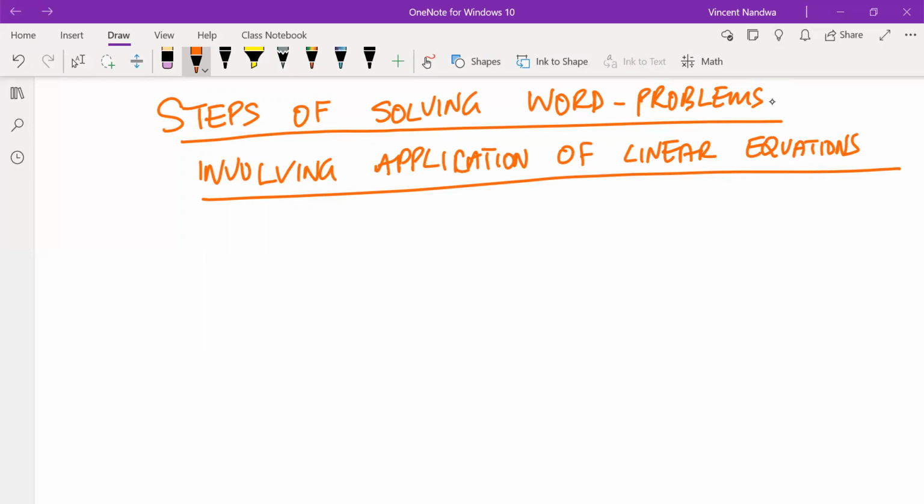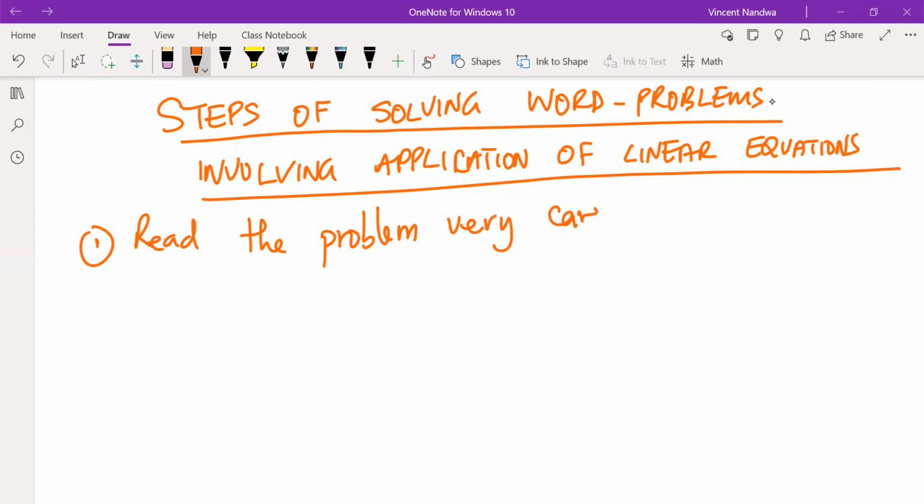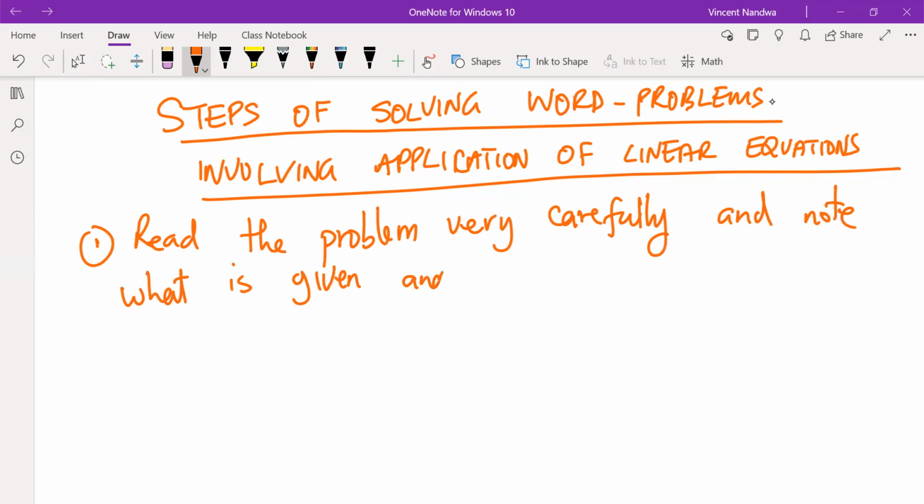So step one, read the problem carefully and note what is given and what is required in the question.